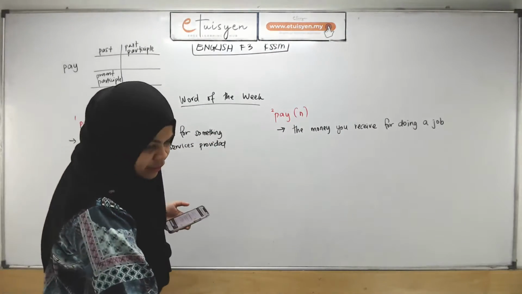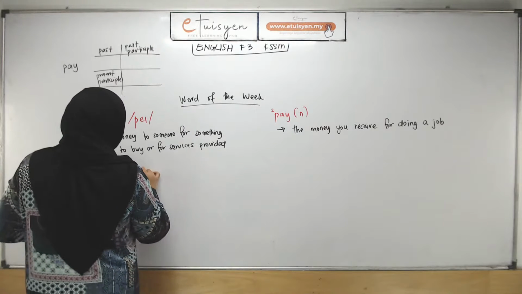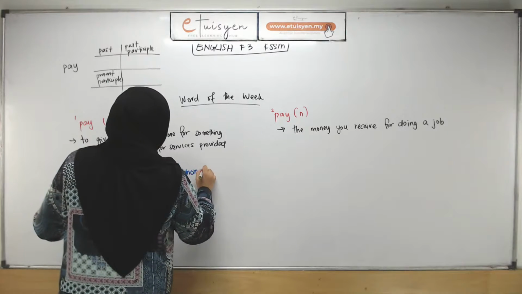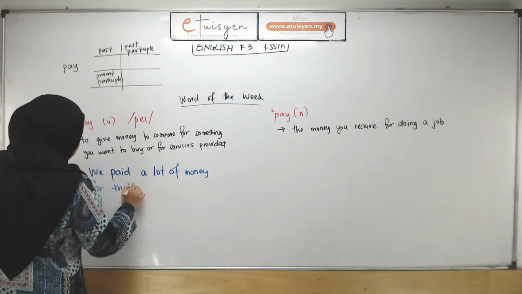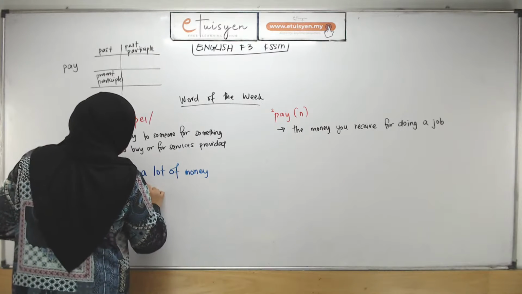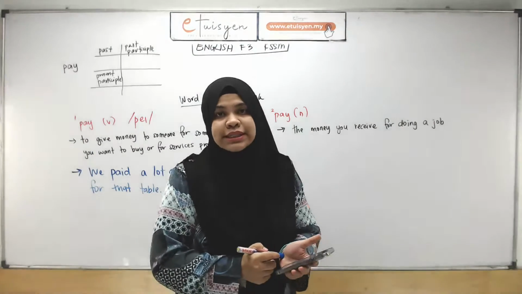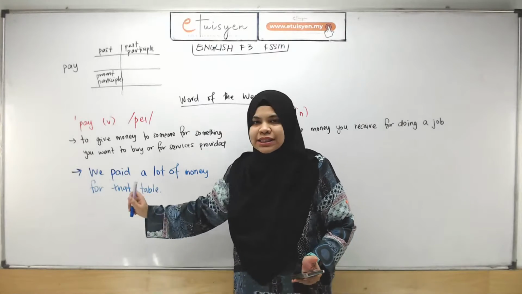Now I'm going to teach you something here. We pay a lot of money for that table. Say for example, you went to the furniture store and you bought a table, and what you did was you paid a lot of money for that table.